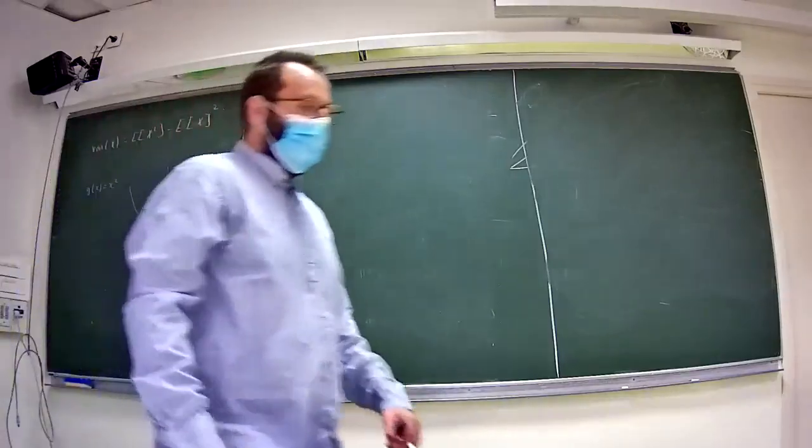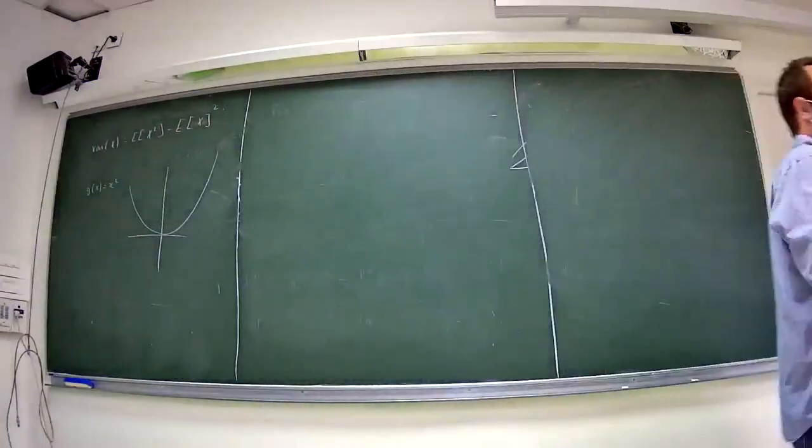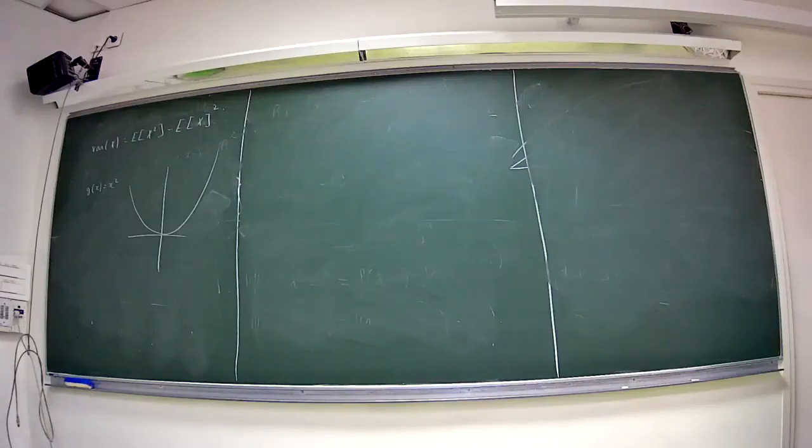And so the image of the expectation is less than the expectation of the image. So the square of the expectation of X is less than the expectation of X squared. And so this difference is positive here.